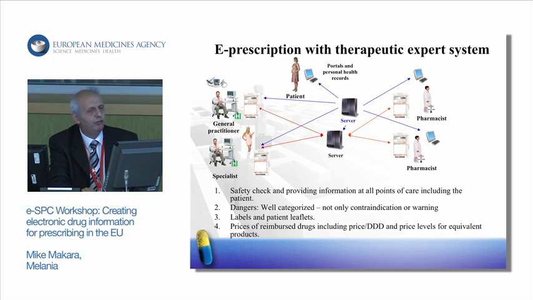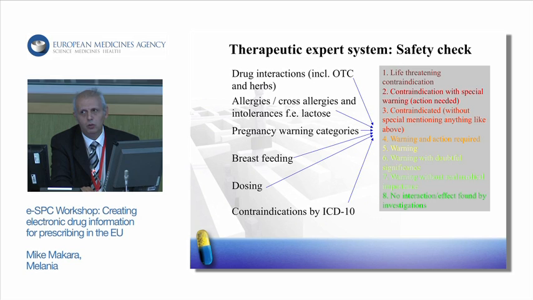What we did for the first 10 years of our company life was giving information for all points of care. This was a web-based technology. We were receiving questions about medicines and returning answers. We focused on all kinds of dangers, so a safety check was done for all levels.